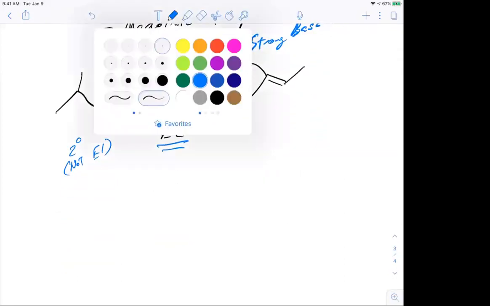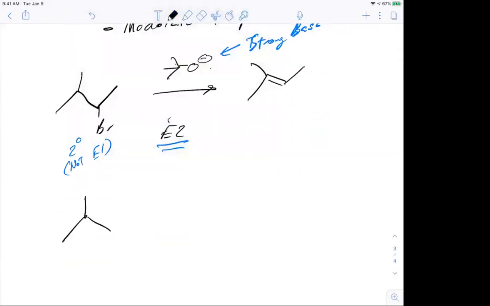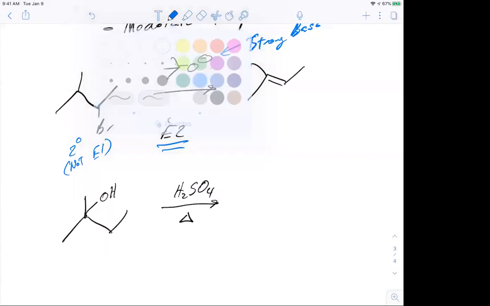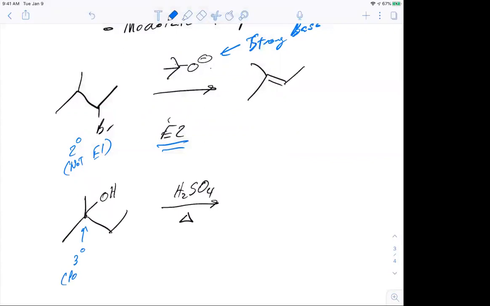Now, if I change that to something like this, I'm going to be focusing more on E1. I've got a tertiary group, which means possible carbocation. I don't really have a good base. I have an acid, and I'm showing heat.